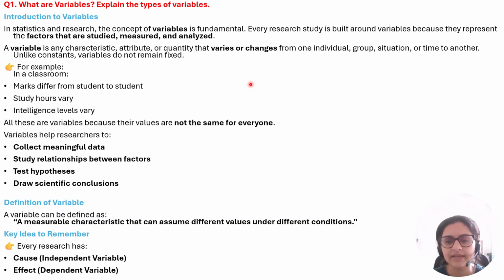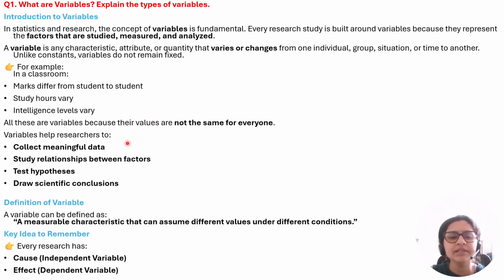As their name itself suggests, they are not fixed, they keep on changing. Example, marks are variables as they differ from student to student. Study hours are variable. Each student requires different hours of study to complete a particular syllabus. And intelligence in students also varies.